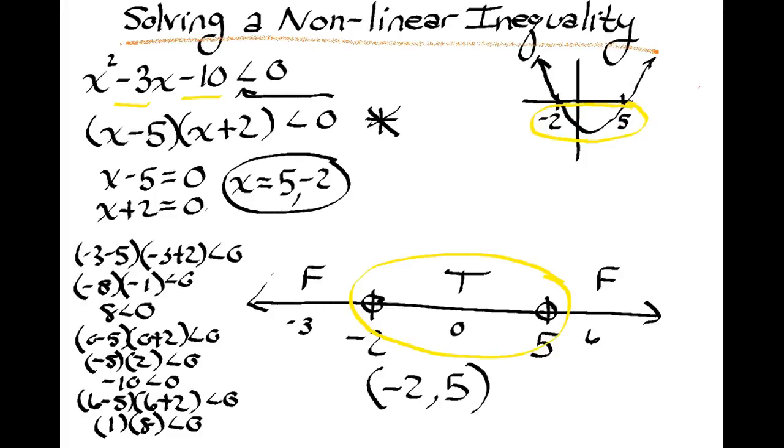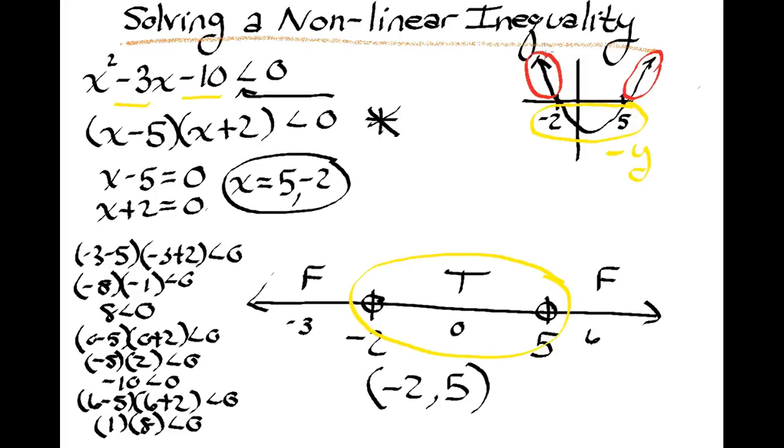This part here has negative y values. If I had an inequality that was looking for y values that were greater than 0, I'm going to mark those parts of my graph in red. These have y values that are greater than 0.